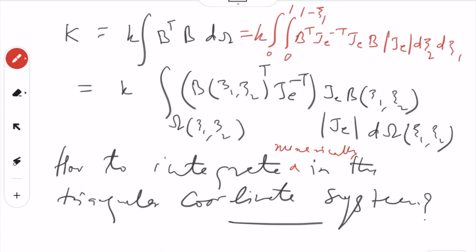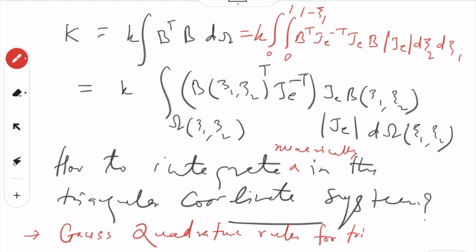In other words, in the next lecture video we will look at the Gauss quadrature rules for triangles. That will be the shortcut; basically we don't have to go through it like this.